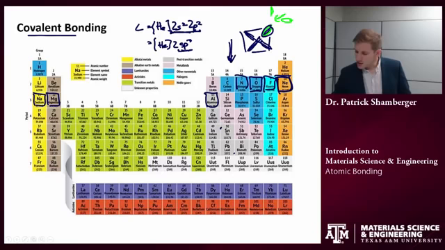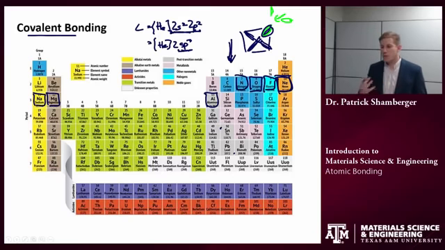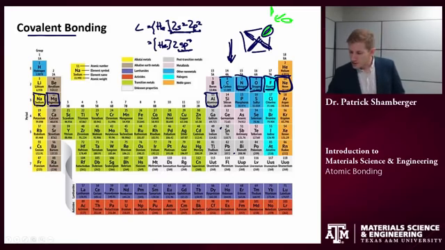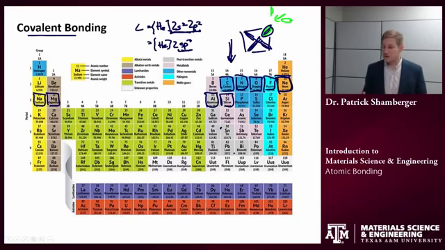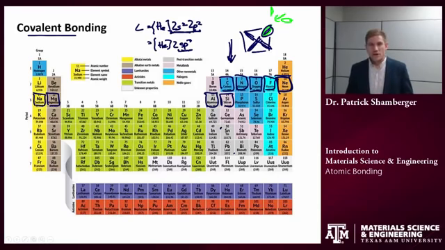As I move over again, aluminum nitride, now I'm getting more and more covalent behavior, and silicon carbide has an even more covalent-like bond between it. So again, I'm moving this way with my cations and this way with my anions.